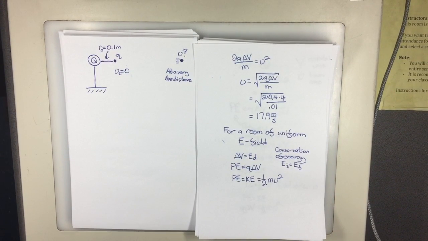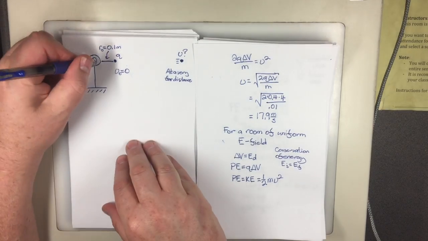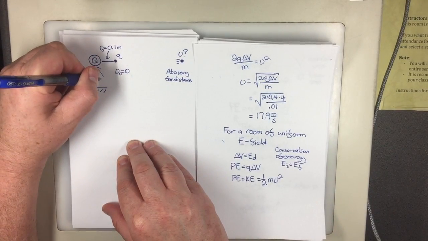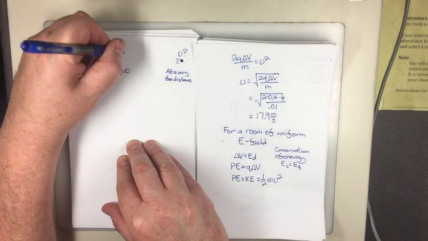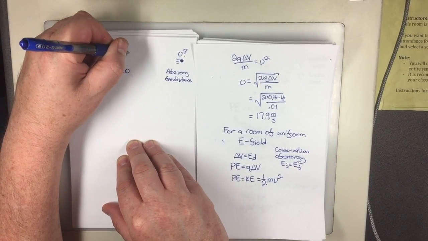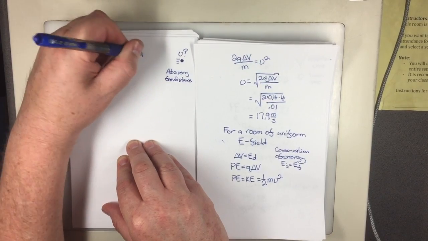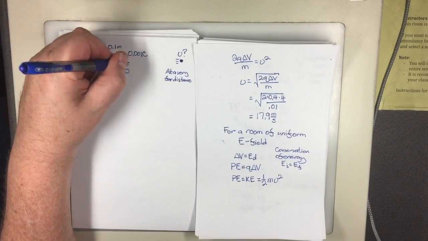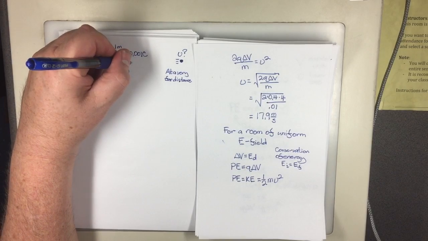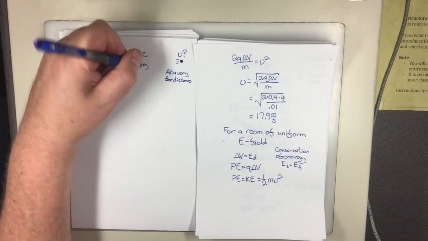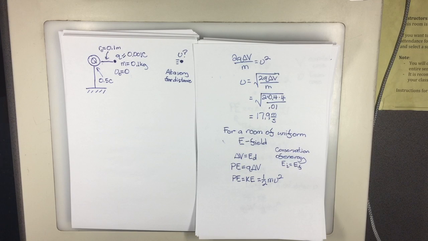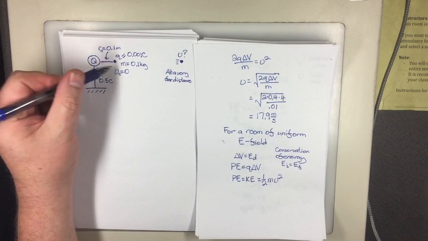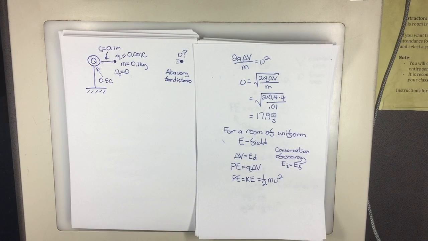Now they have to repulse, so this big Q, I'm going to make it 0.5 coulombs, and little q is going to be 0.001 coulomb, and I'm going to make the mass of the little particle 0.1 kilograms. So this one is fixed. This one is allowed to move freely, and there is no gravity, so I don't have to worry about that thing getting pulled down.